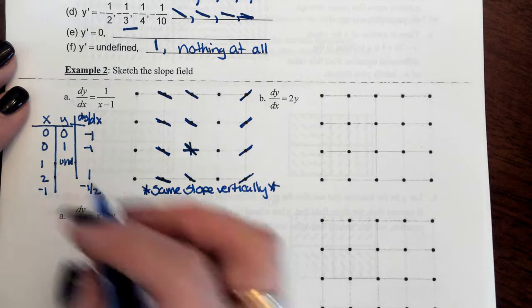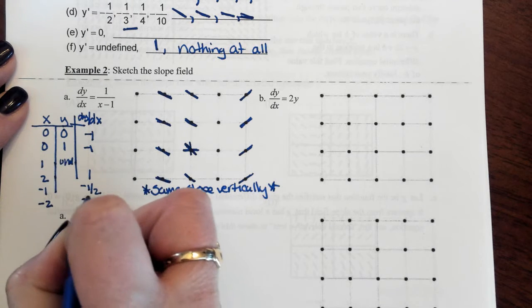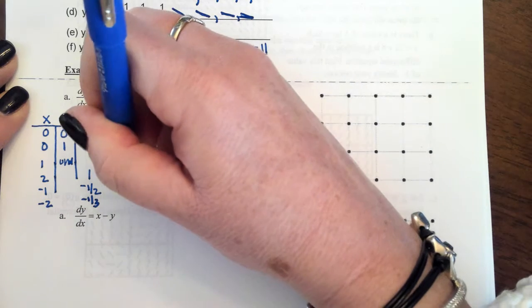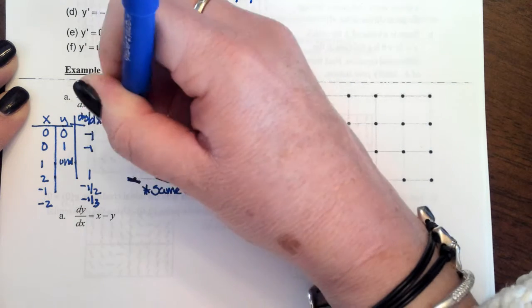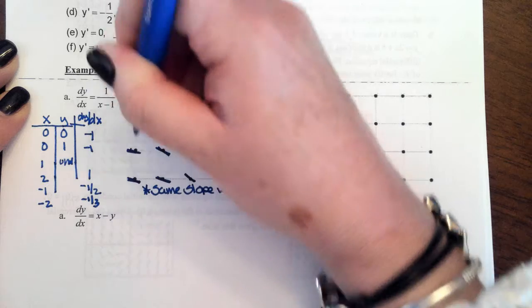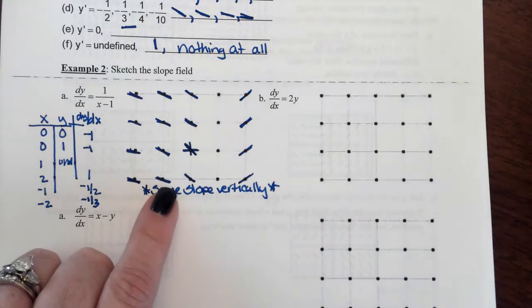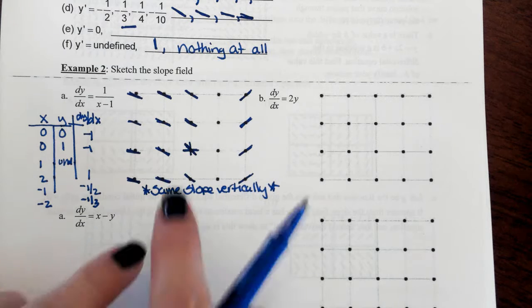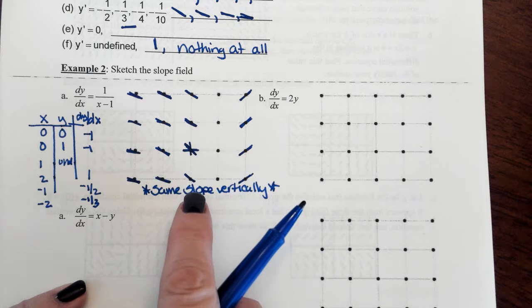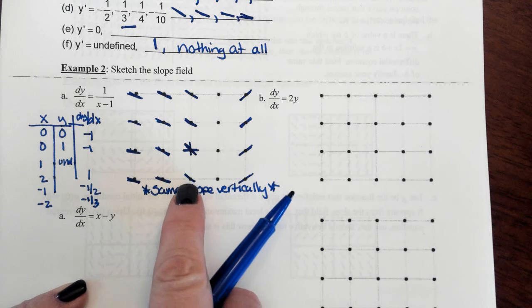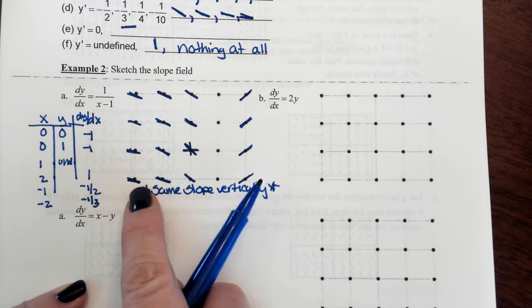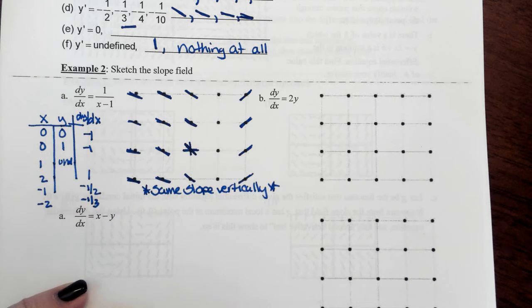And then finally -2, that's going to give me a slope of -1/3. And again, you want to make sure these are more horizontal than the slopes you sketched for a slope of -1/2. So really you're comparing. When you look at your slope field, you should be able to see that this is a larger slope than these. These are getting smaller and smaller slopes.